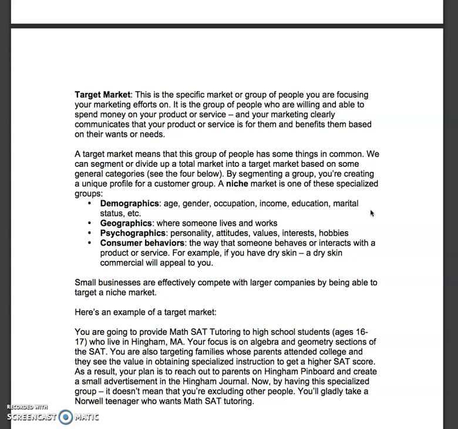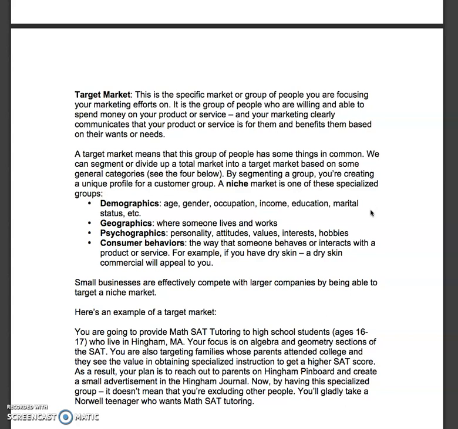And then we look at consumer behaviors, how people behave. The example I have here is, if you have dry skin, then that's something that would appeal to you when you hear a commercial for dry skin.